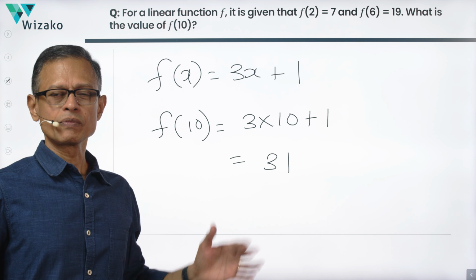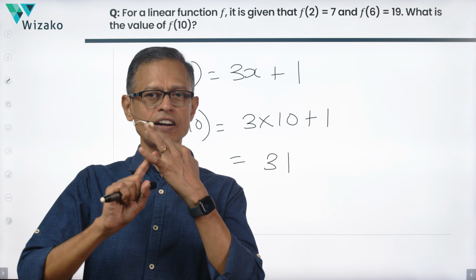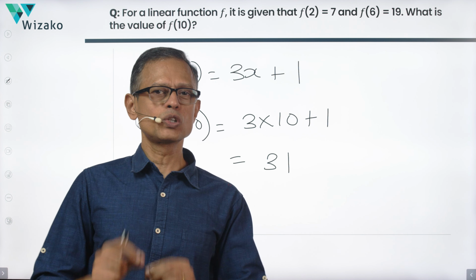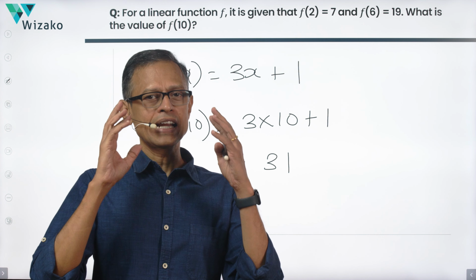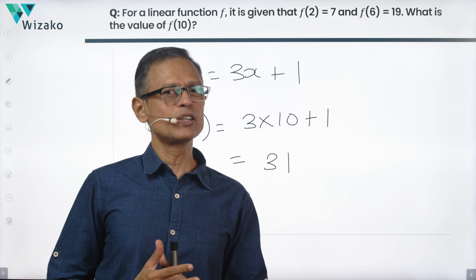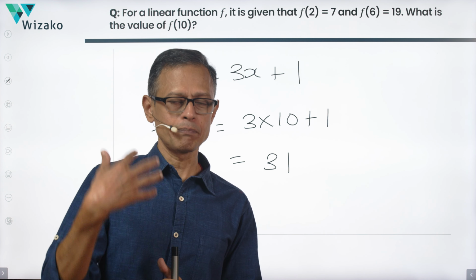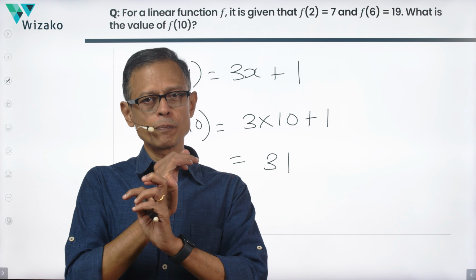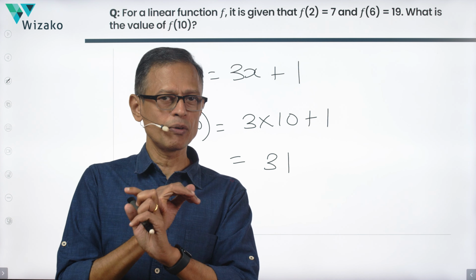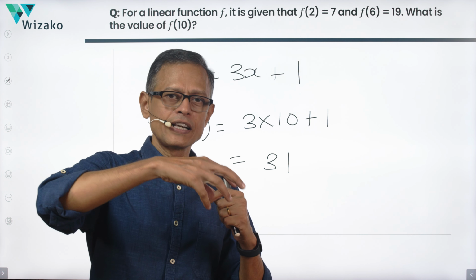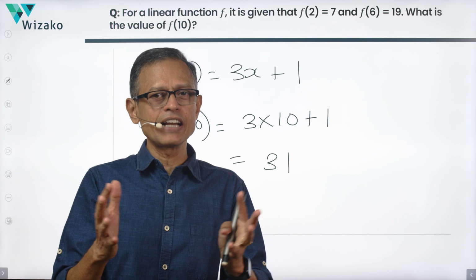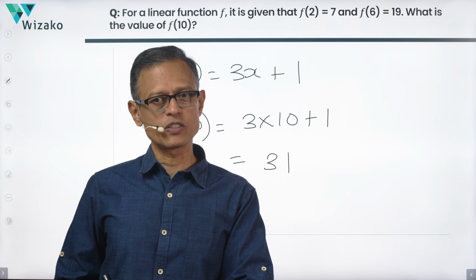So this is step 2. In step 1, we computed the function. We used the two values, f of 2 is equal to 7 and f of 6 is equal to 19, to arrive at the function. That entailed two parts, part A and part B. In part A, we determined the slope using the formula y2 minus y1 upon x2 minus x1. We plugged the value of the slope into the function and arrived at an intermediate function, f of x is equal to 3x plus b.